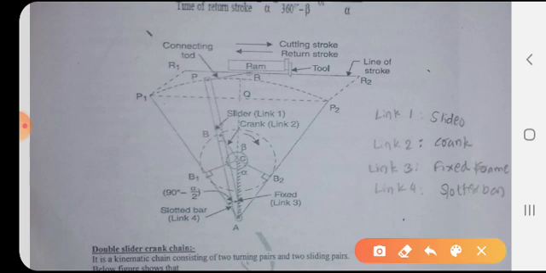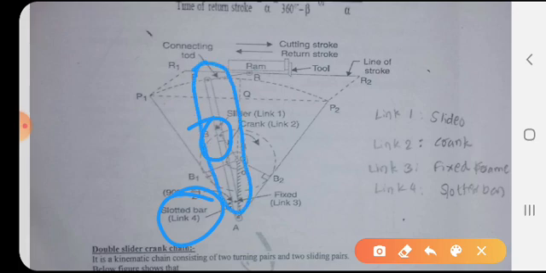This is the point B. The sliding block attached to the crank pin at B slides along the slotted bar.